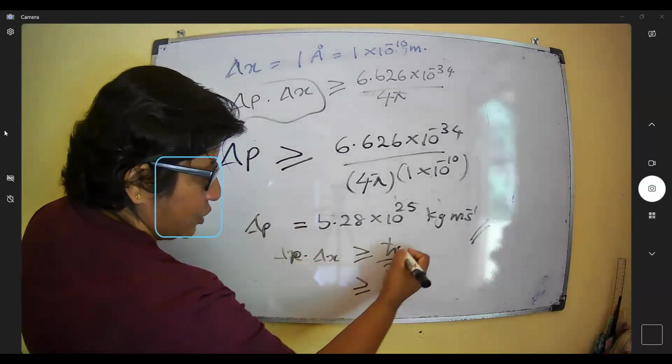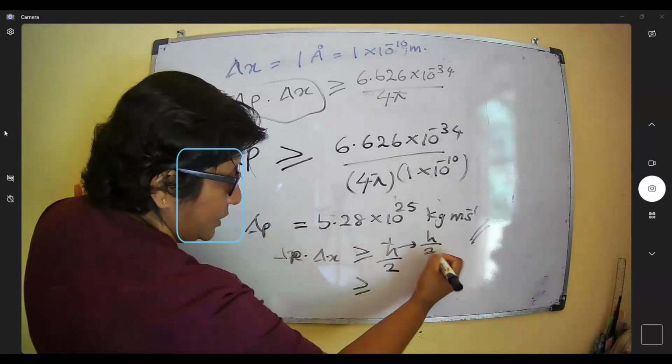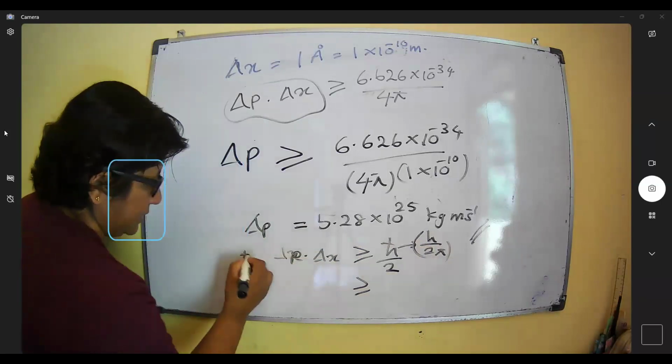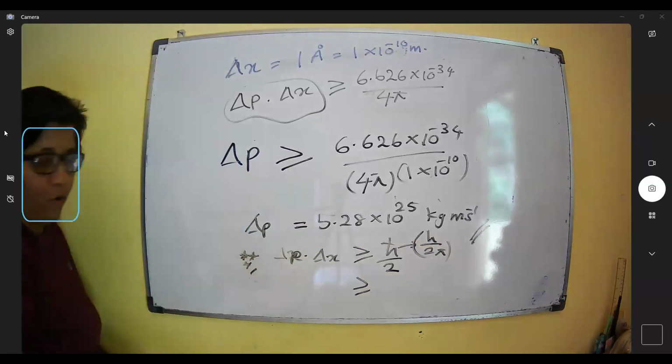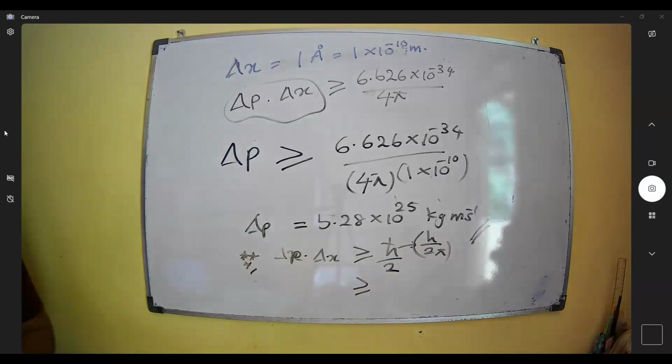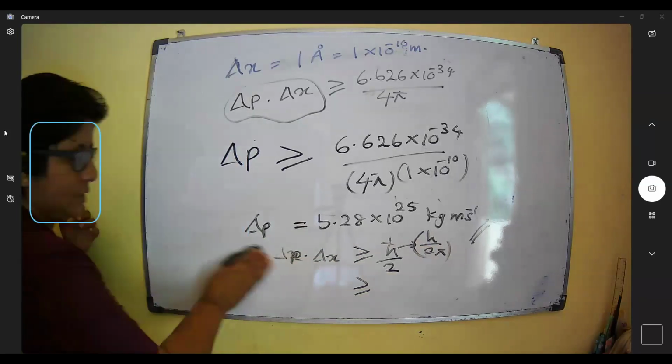This H cross we can replace by H over 2 pi. These are the things you have to remember about the Heisenberg uncertainty principle, right? The basic ideas about the modern physics part.